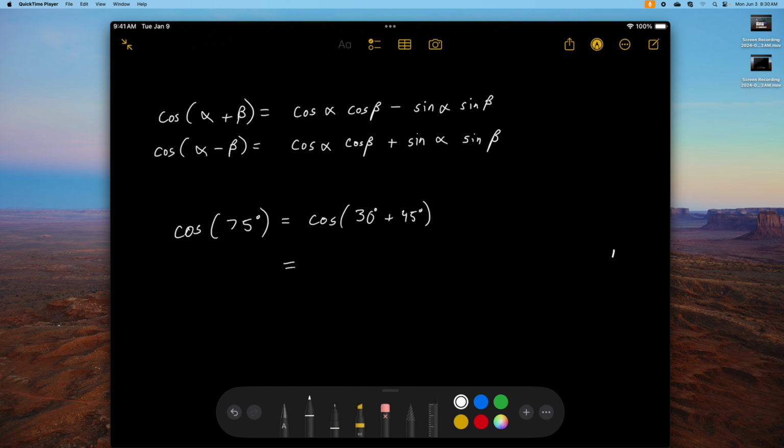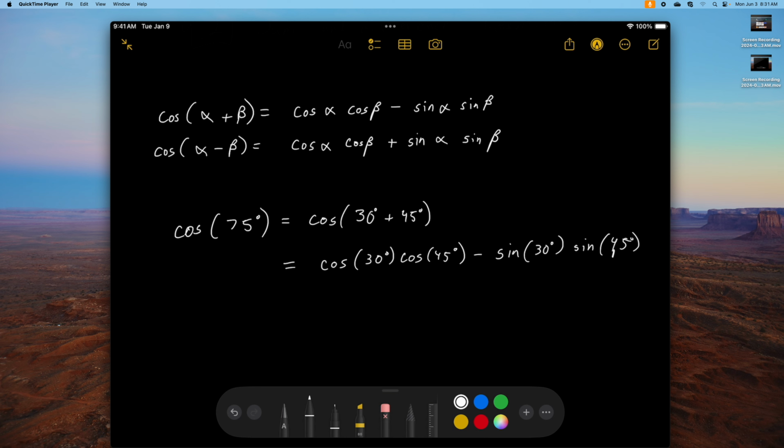So we could write that as cosine of 30 times cosine of 45 minus sine of 30 times sine of 45 degrees. And then just pull those values straight from the unit circle.